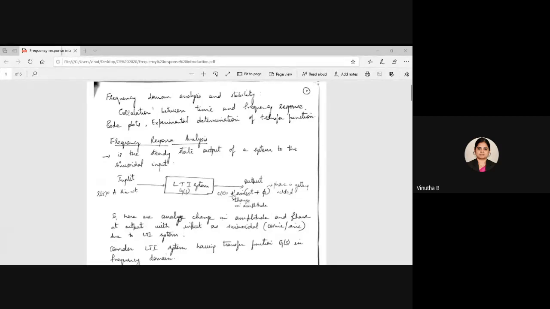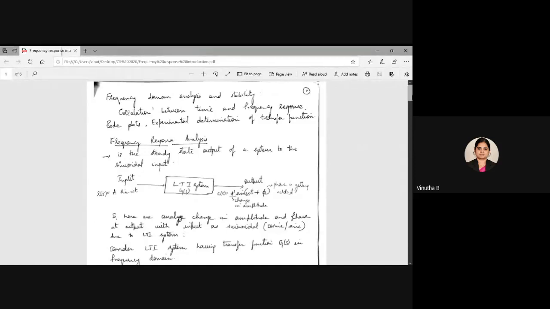So here A dash is the change in amplitude and phi is the phase which is getting added at the output. So here we analyze change in amplitude and phase at output with input as sinusoidal due to the LTI system.